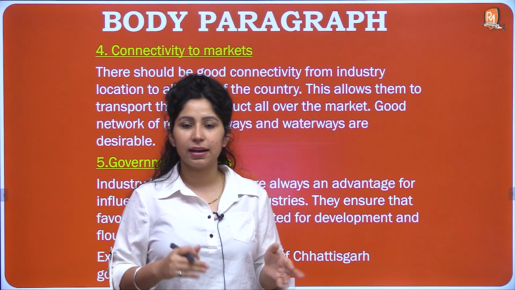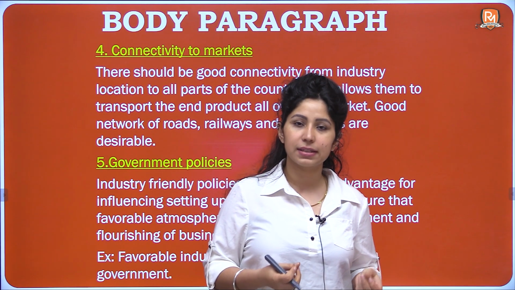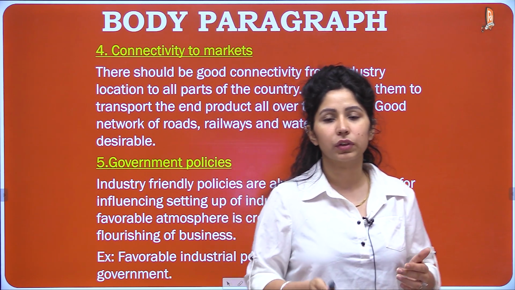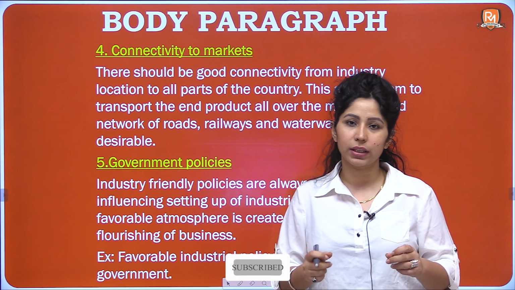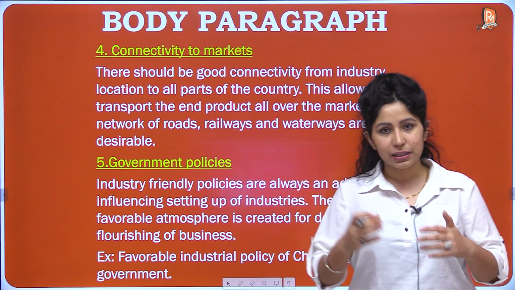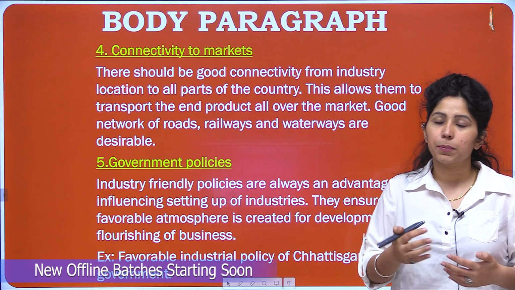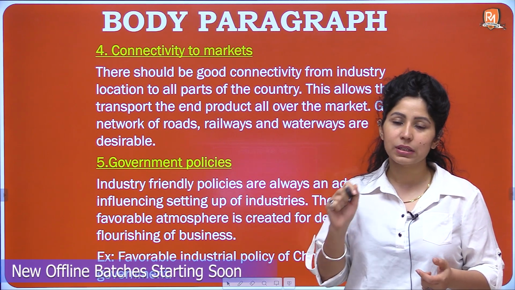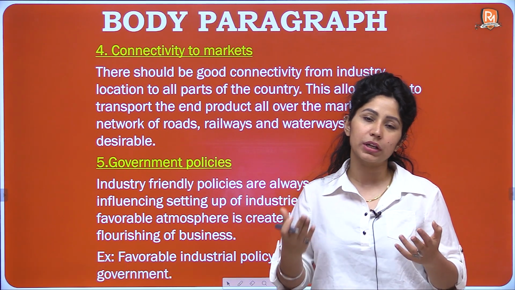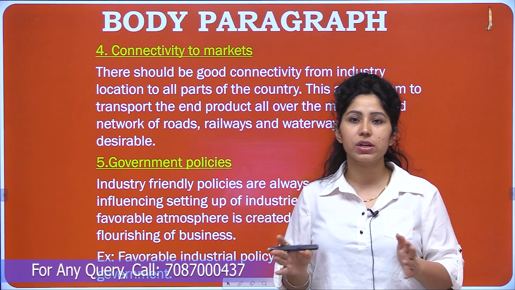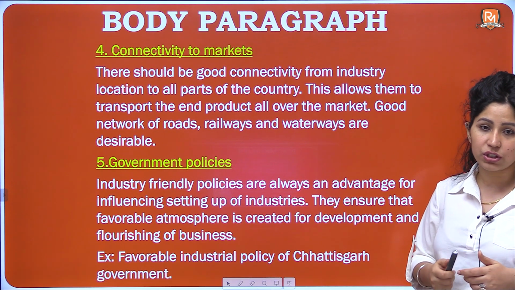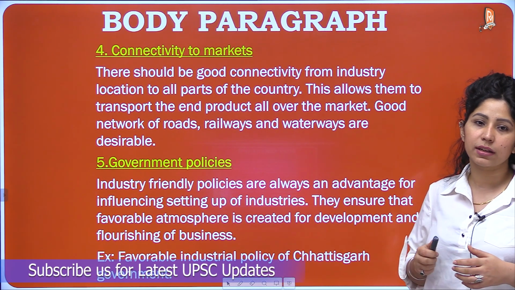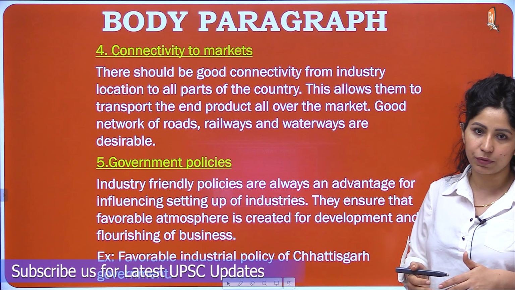On the other hand, if the government does give some benefits, some leverages, in terms of environmental stringency not being there, tax benefits being there and profits not being highly taxed, that gives a push or a boost to the industrial setup, especially in the iron and steel industry. So industry friendly policies are always an advantage for influencing the setting up of industries.